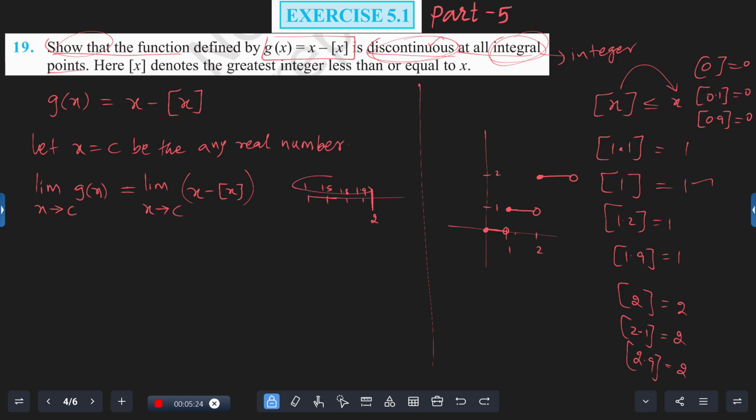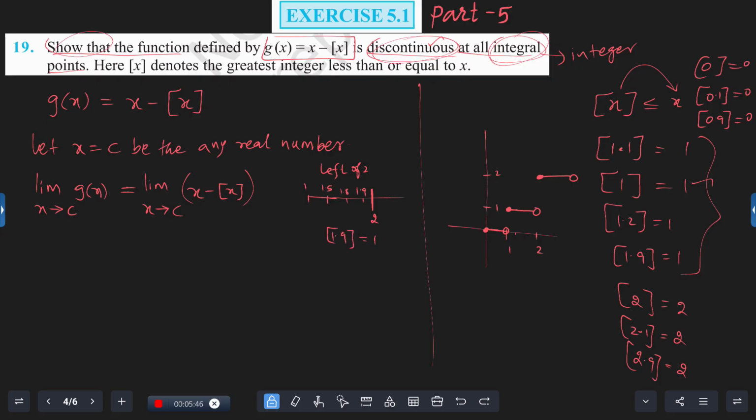For all these numbers, if you take the greatest integer, my answer is 1. So to the left of 2, if you take the greatest integer, I get 1, one number less. Listen carefully.